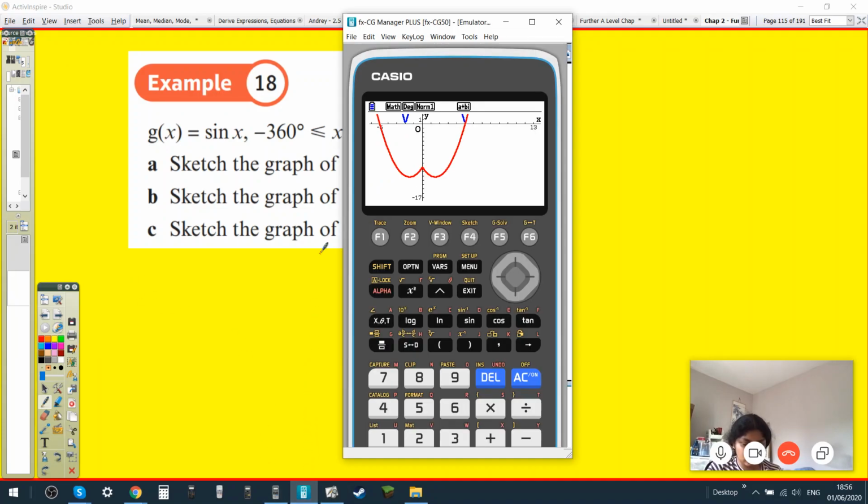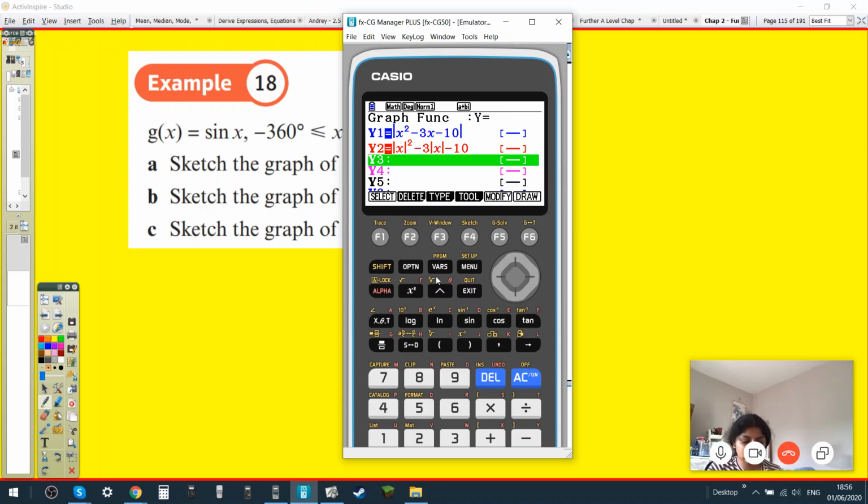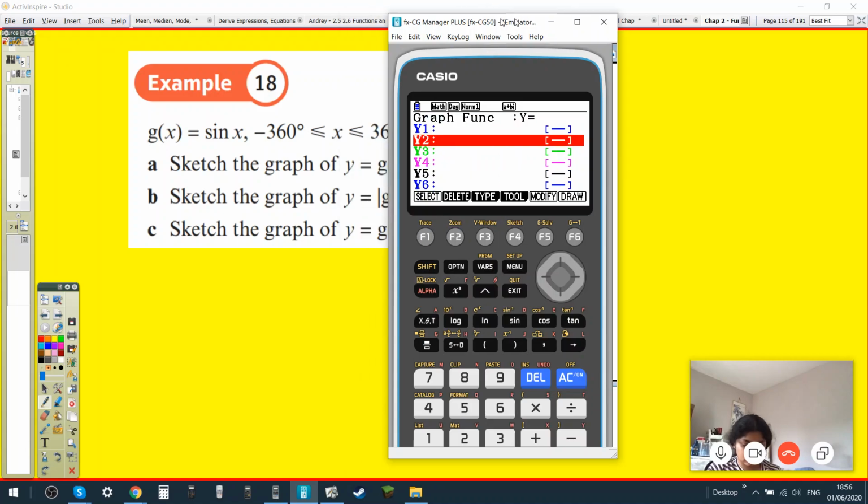Oh, it would look like a line. Change your view window to trig. Oh yeah, I did that. Okay. And then the second one would just be sine, and then only the x is in modulus. Yes. Hold on.